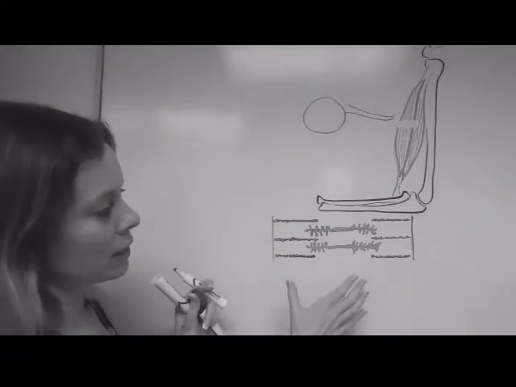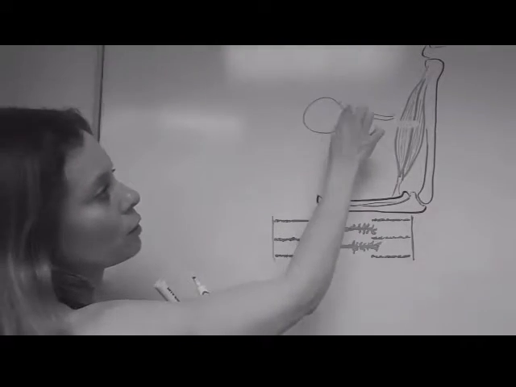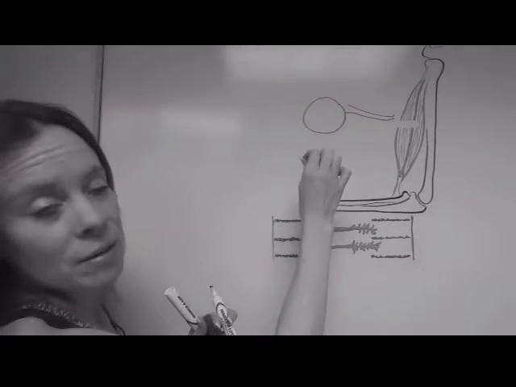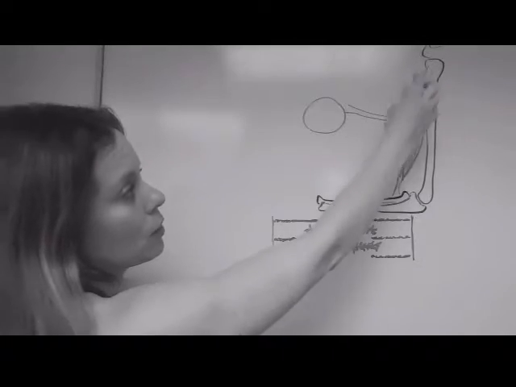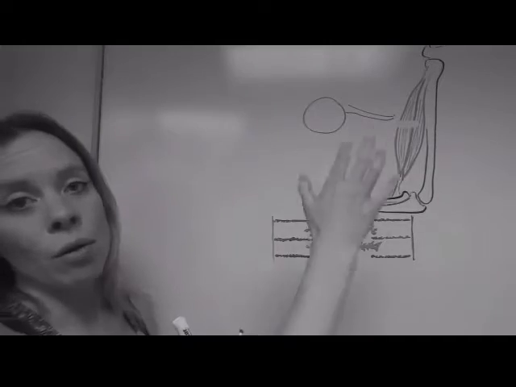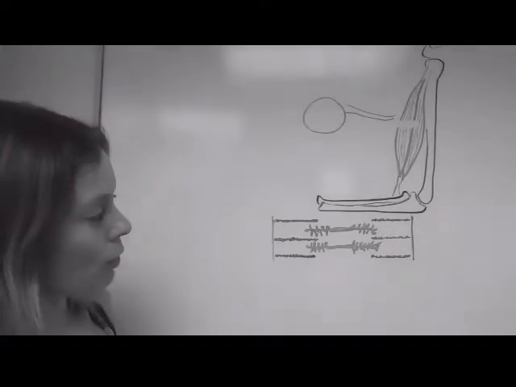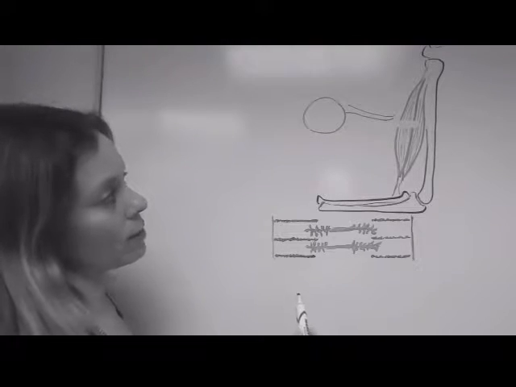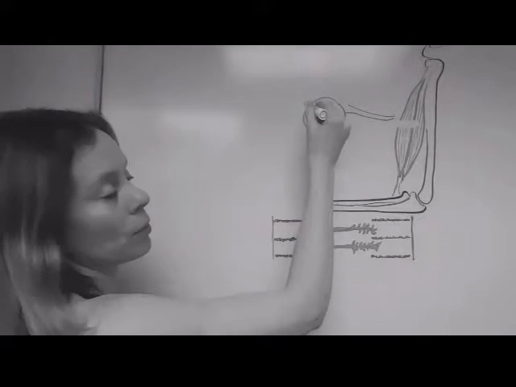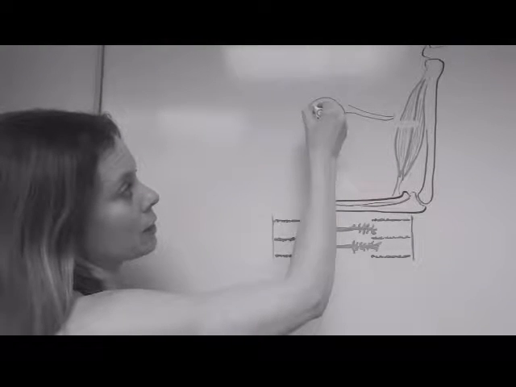What you're going to find inside of there are little protein filaments, and those protein filaments are inside of the muscle cell, and they also run along your whole entire muscle, and there are going to be rows of them. I'm going to fill in the protein filaments that are contractile filaments, actin and myosin.